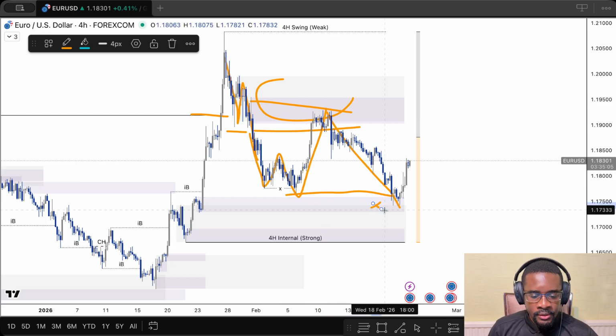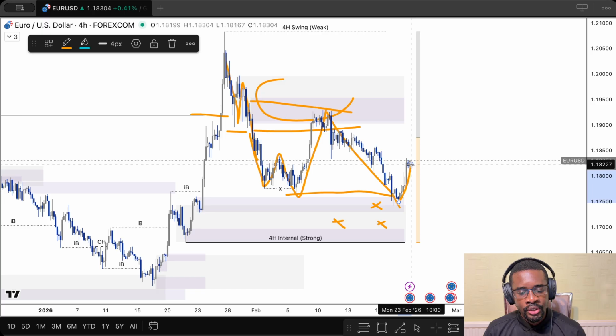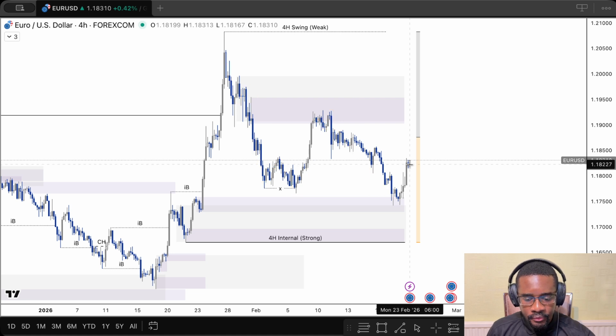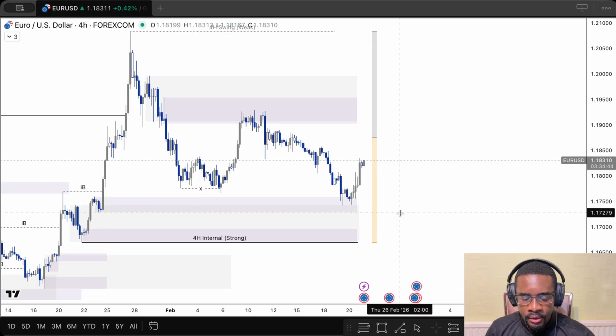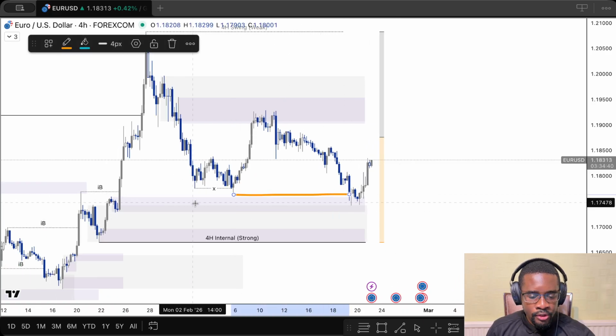We've mitigated this demand, which is nested at the proximal of this daily demand area, and we've had a strong reaction from there. This is what we had been anticipating.